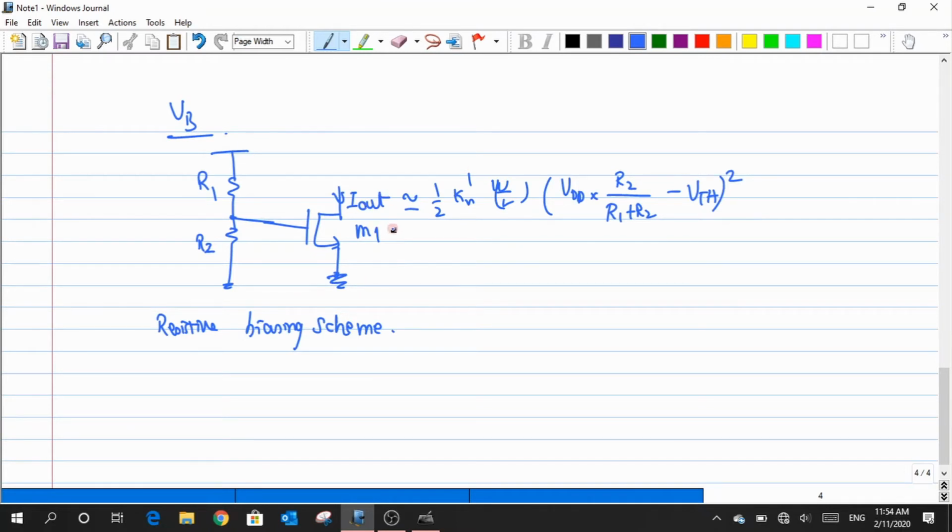When I look at this expression of this I out, there are certain dependencies I could see here. The very first dependency is that my I out depends on VDD. The second one is on the process parameters like Kn dash. So when I look at the quantities that define my I out, I could see that the voltage VTH basically varies within the wafer itself.